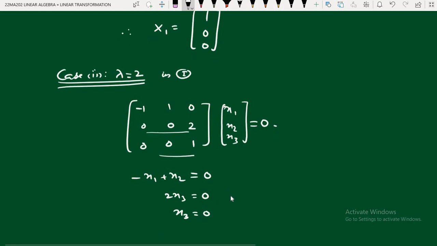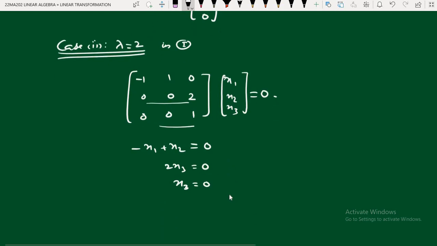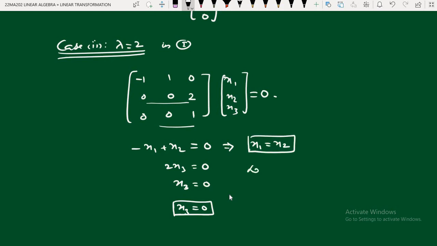So from the last two equations we get x3 equal to 0, and from the first equation we get x1 equal to x2. We got one relation, so we can take x1 equal to 1. So x1 equal to 1 implies x2 also 1, because x1 equal to x2.